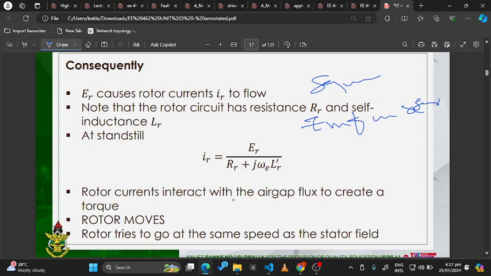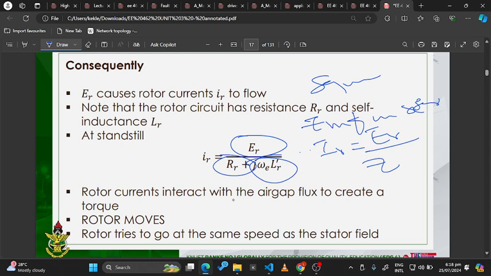So if they are short circuited and EMF is induced, current is going to flow, and this current is equal to the EMF induced divided by the impedance. So this current IR will be equal to ER divided by the impedance, where this impedance is the resistance of the rotor winding and the reactance of the winding.